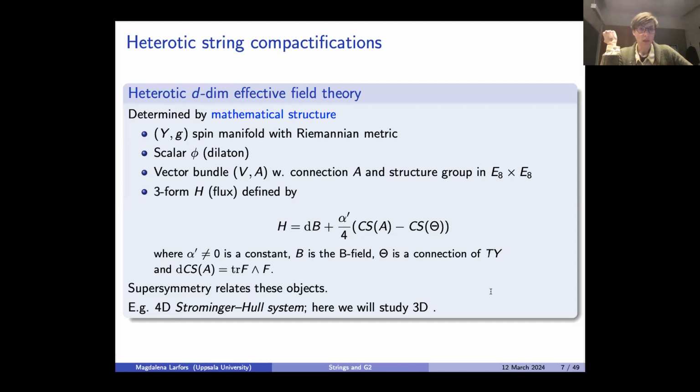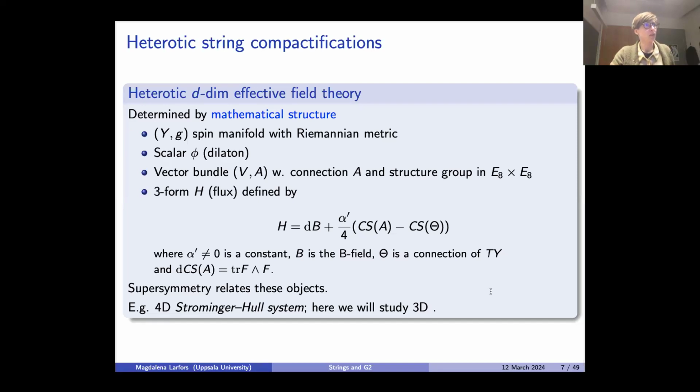So there's a vector bundle over this manifold, and this vector bundle should have a connection with structure group in E8 times E8. Then the heterotic string has a B field, which is an interesting object. And I will not talk a lot about it. What it defines in this mathematical structure is a three-form flux, which is a well-defined three-form.